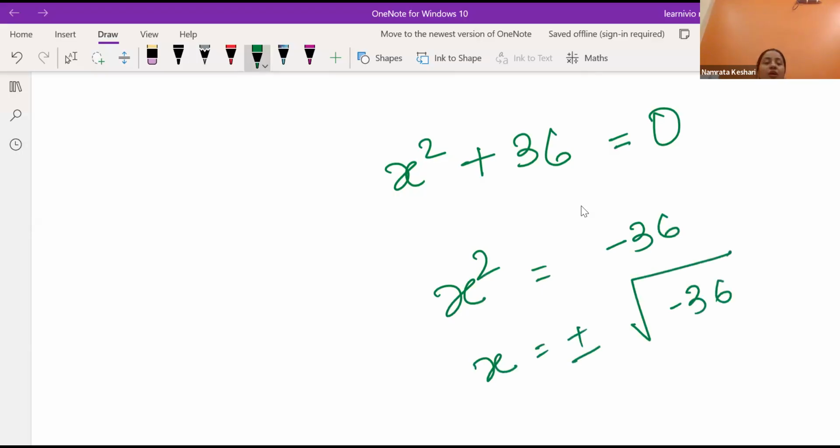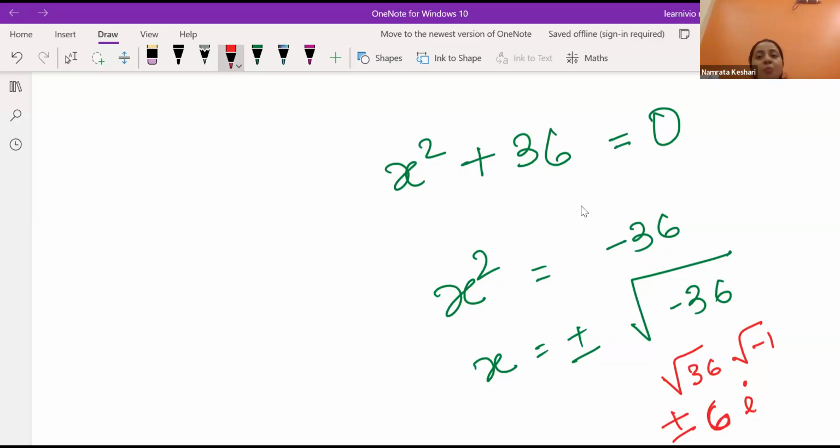You are feeling, wow, this 36 can come out from the root sign, and yes, it will come out, but negative inside the root, from here this imagination world came. They said that you can write it as root 36 into root minus 1, and root 36 is 6, but root minus 1 will be i, and your answer will be plus 6i and minus 6i. Making sense?